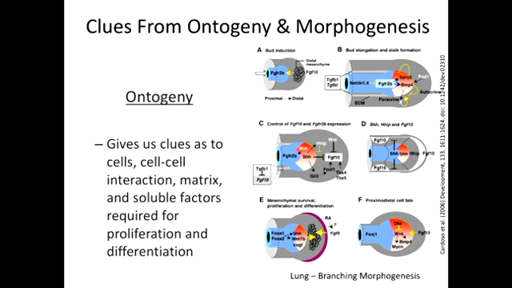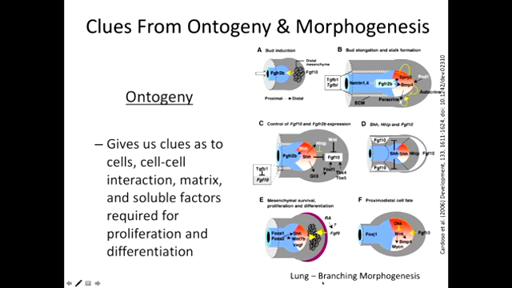And that's because repair recapitulates ontogeny, which is, repair processes often demonstrate the same molecular processes and cell fate decisions and differentiation processes as we see during development. And so that gives us an idea, from studying development, what sort of cues are involved, whether they be cellular cues, interaction with matrix molecules, or secreted soluble factors which control the proliferation and the differentiation.